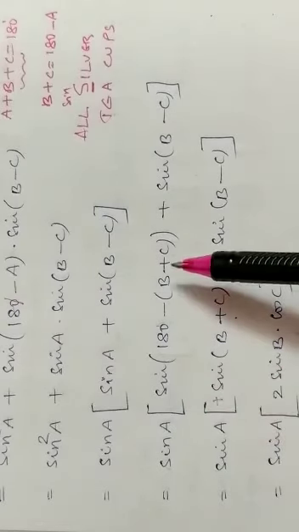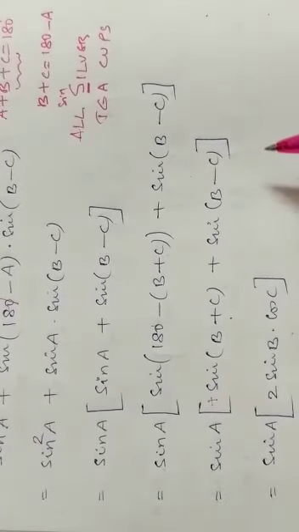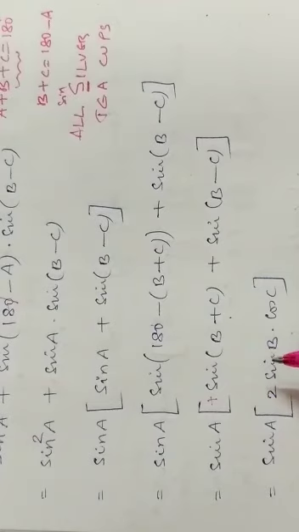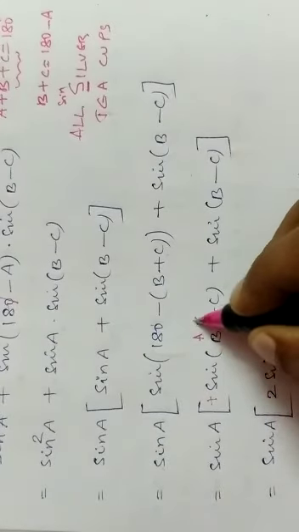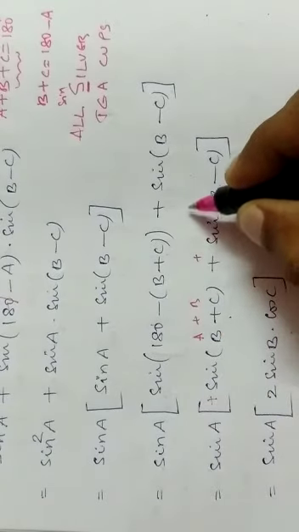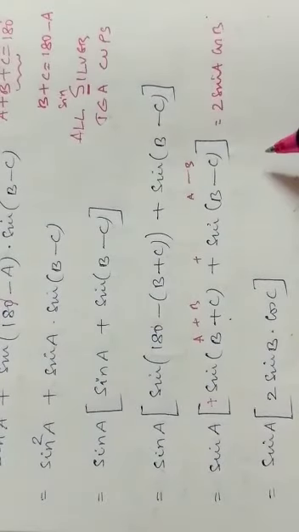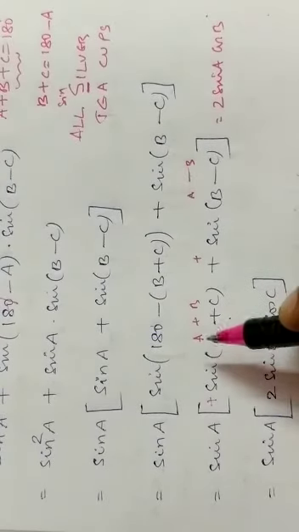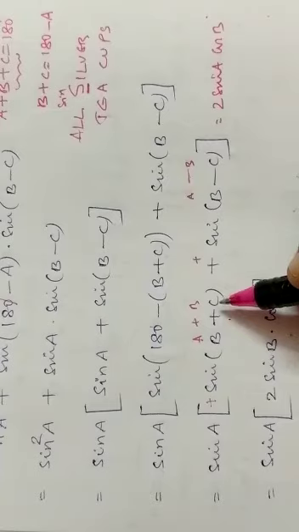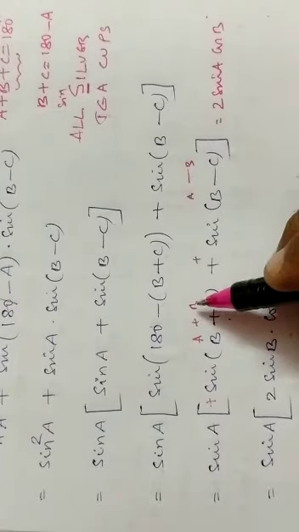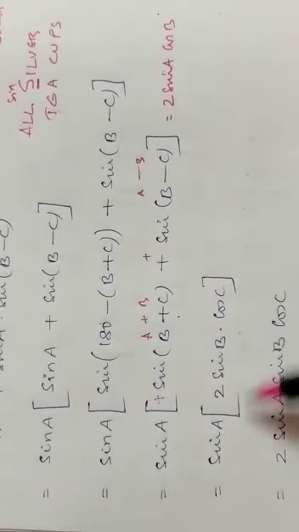So sin remains sin, theta is B plus C. So sin B plus C plus sin B minus C. If you observe, this is a direct formula which is given in your list of the formulae: sin A plus B plus sin A minus B. The formula is 2 sin A cos B. If it is in terms of A and B, in the place of A you are having B, so you write 2 sin B. In the place of B in the formula you are having C, so here you write cos C. Multiply these two.